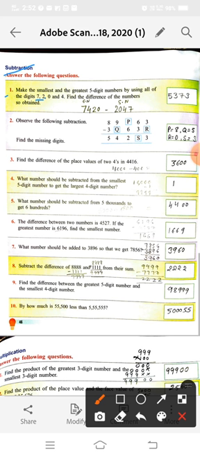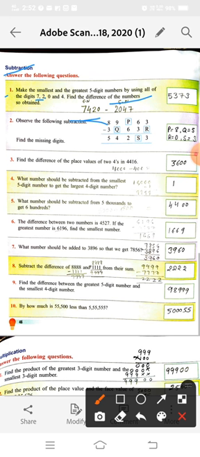So what should be our greatest number? Here when we use 7, 2, 0 and 4, we will get the greater number as 7420. Okay, and the smallest number will be 2047. So now what we have to do? We will minus 2447 from 7420.